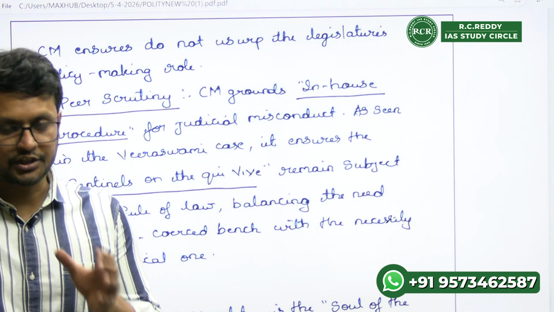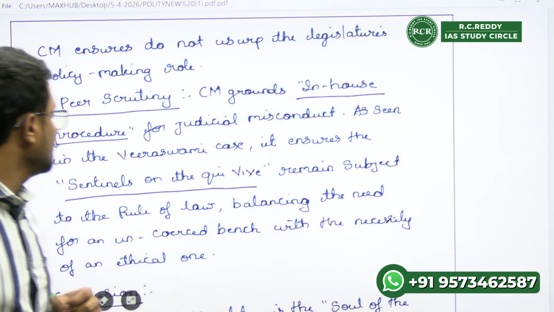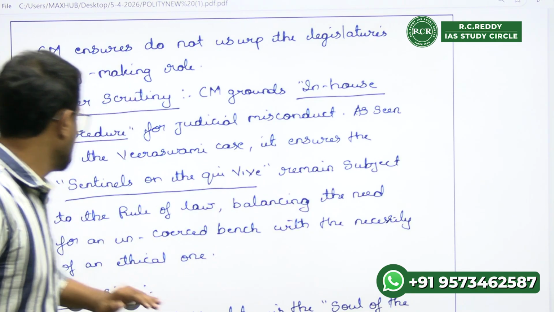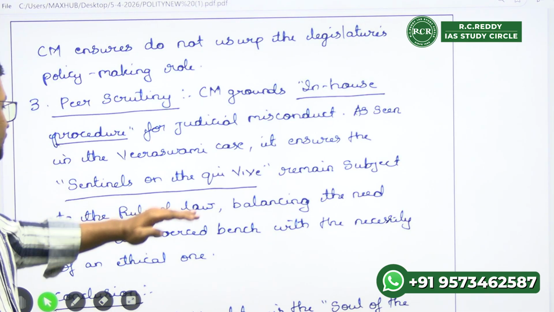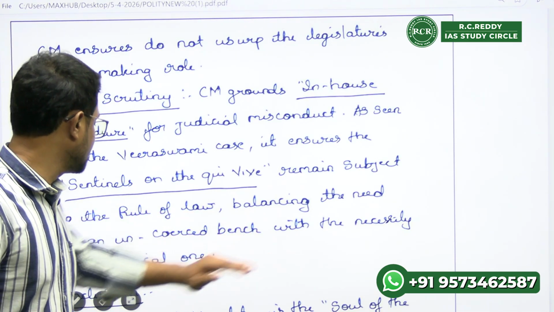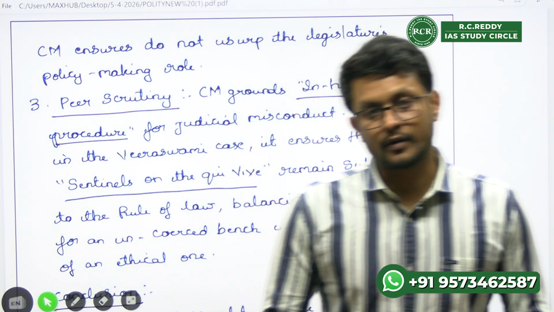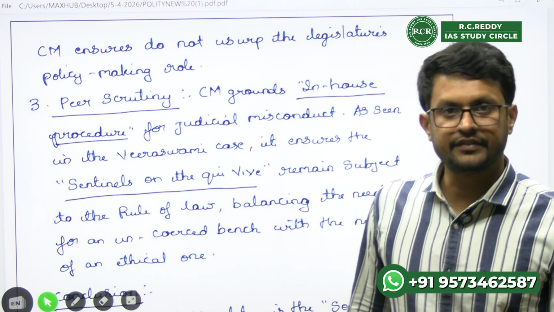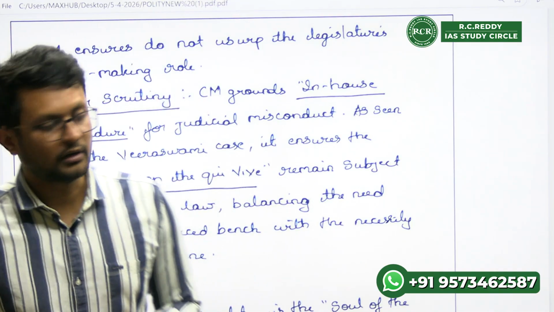So constitutional morality will see that the in-house procedures are not done with any mischief. It sees that judges are also subjected to the rule of law, balancing the need for an uncoerced bench with the necessity of an ethical one. So we need an uncoerced bench. That's true. Political influence should not be there. That is why we have given them independence. But it should not lead to an unethical one also.